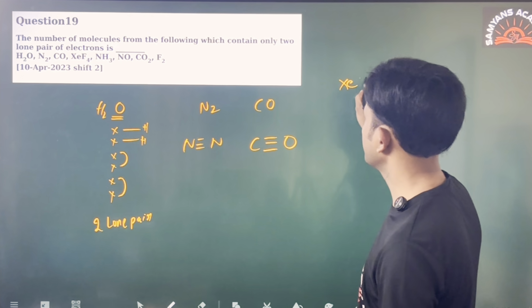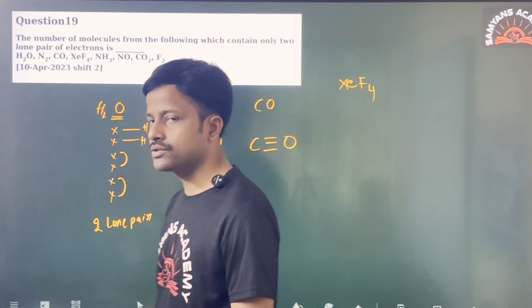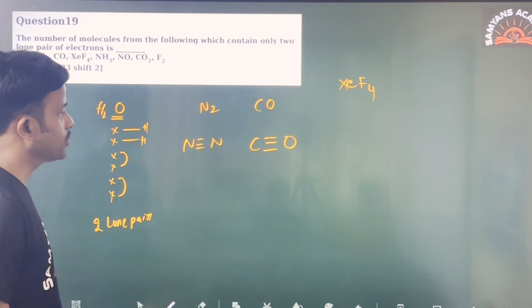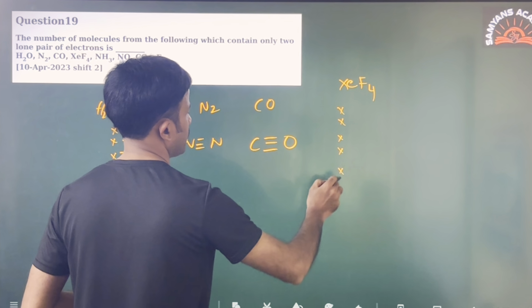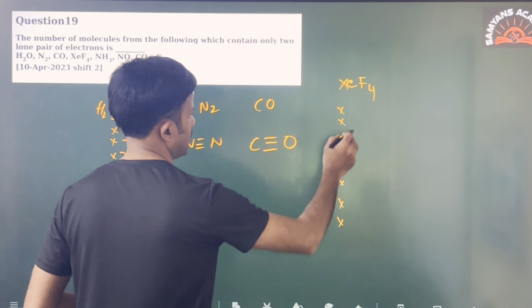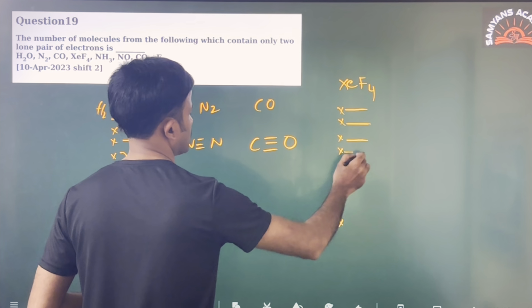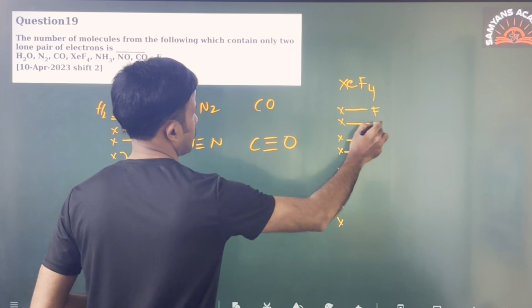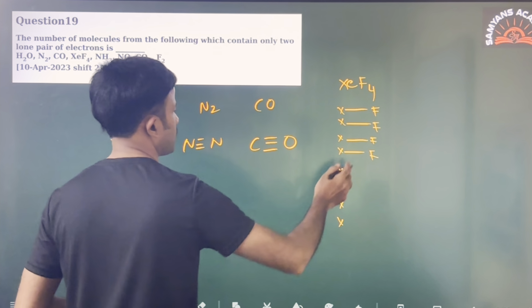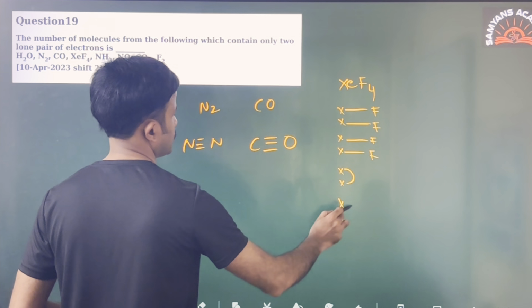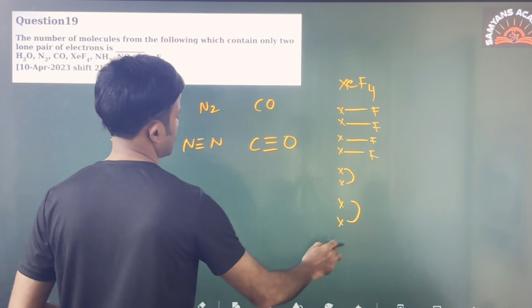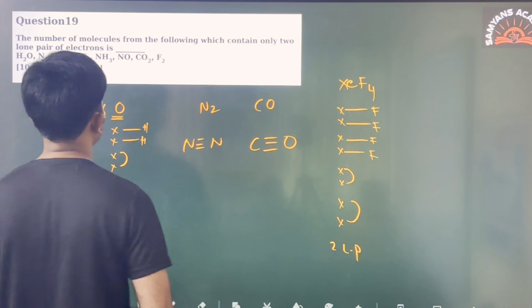Xenon belongs to the 8th group, so put 8 electrons. Here 4 electrons of fluorine are bonded with 4 electrons of xenon. So here we have 2 lone pairs. This is also having 2 lone pairs.